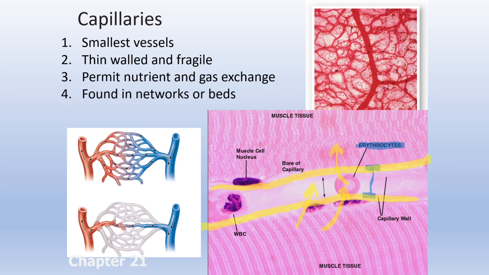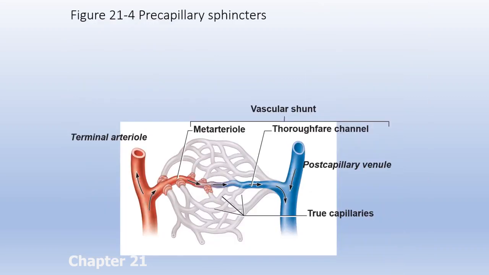Capillaries don't work alone. They are found in networks or beds. This picture down here on the left, we'll look at this more specifically, but both of them show a capillary bed. One has blood flowing through it, and one has blood bypassing it. Let's talk about some little bits of smooth muscle that are called precapillary sphincters.